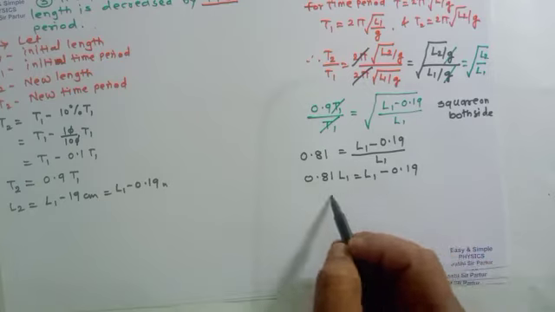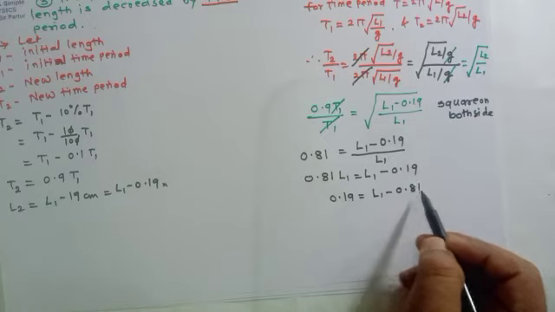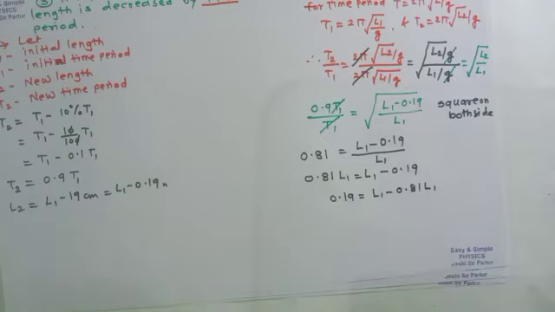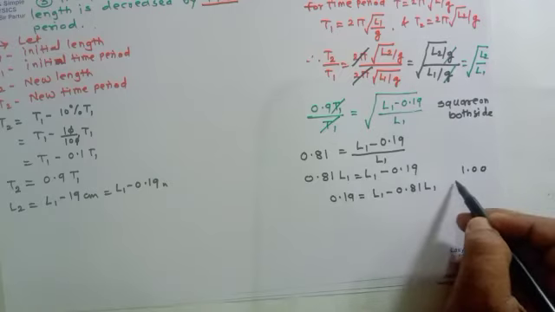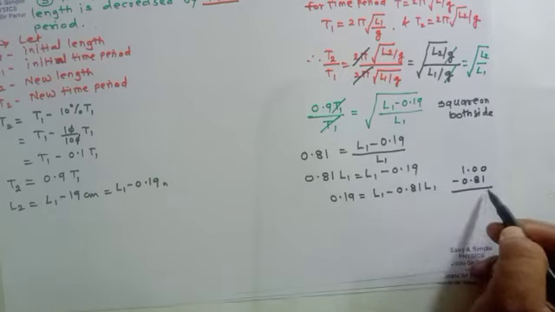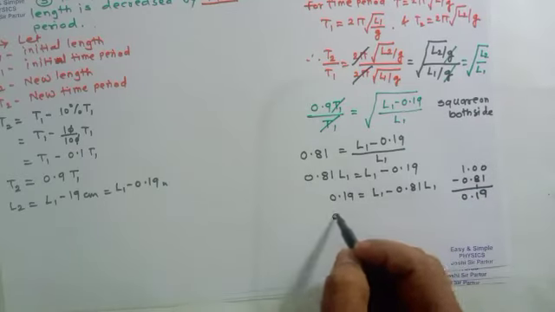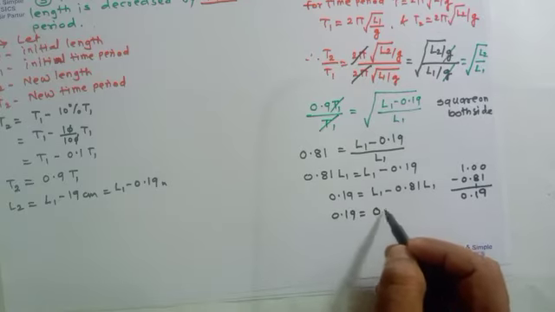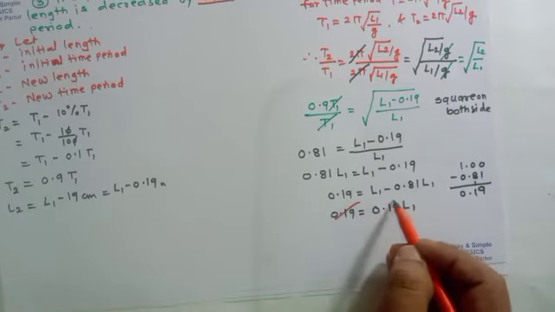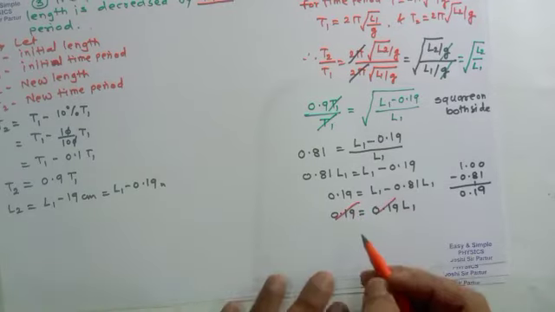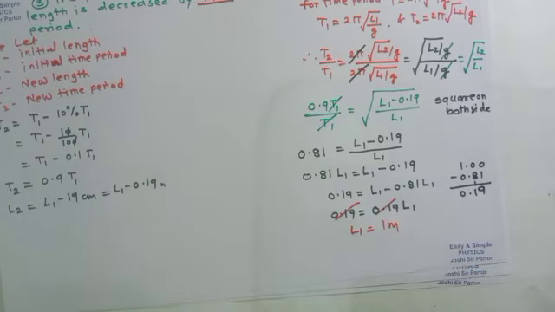By shifting, 0.19 is equal to L1 minus 0.81 L1. Means we can subtract 1.00 minus 0.81, it will be 0.19 L1. So 0.19 is equal to 0.19 L1. What happened? 0.19 gets cancelled and L1 becomes 1 meter. Its answer will be 1 meter.